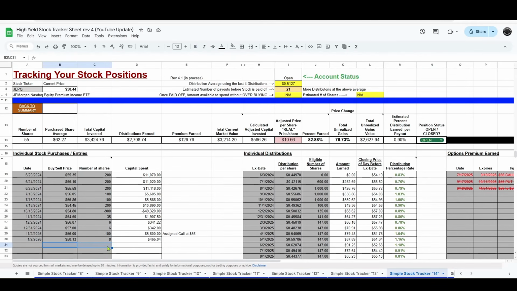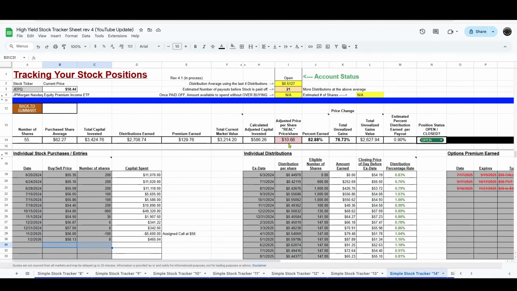Now, what was it before? Well, I can just delete this out, and you can see it was around about $2.58, and that also includes that distribution. But I did make that purchase, so therefore that does raise that real price per share, and it takes it to that $10.66.